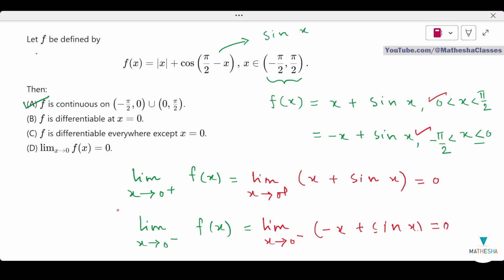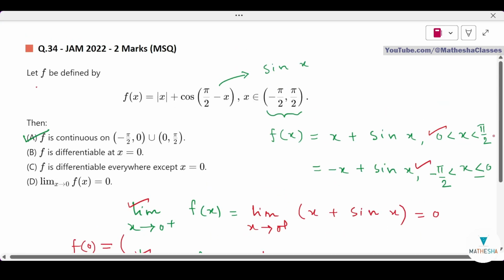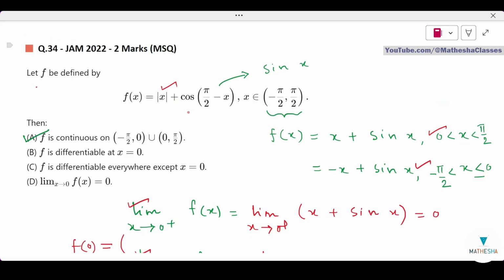So by putting x equal to 0, we will be getting 0 here. So from the last two calculations, we can see that the right hand limit at 0 and left hand limit at 0 are equal, and they are not only equal, they are equal to the functional value at that point, f(0), because once again if you put x equal to 0 here, you will be getting 0 plus cos of pi by 2 minus 0, so cos of pi by 2, so f(0) will be 0.